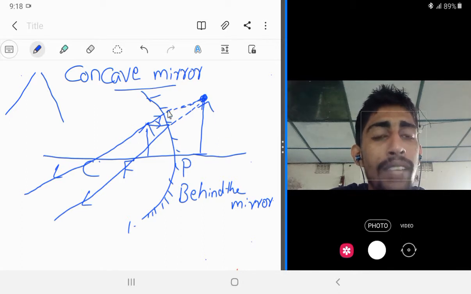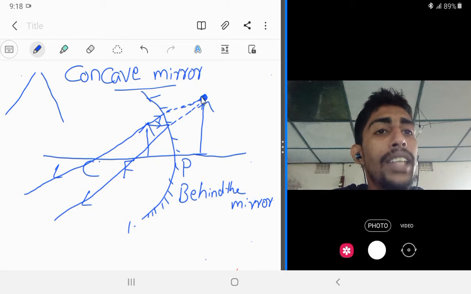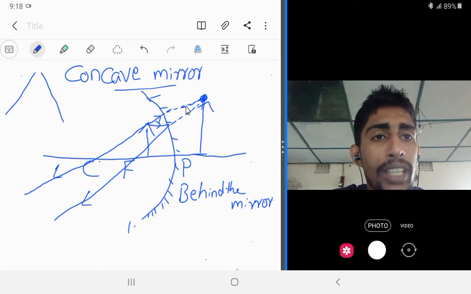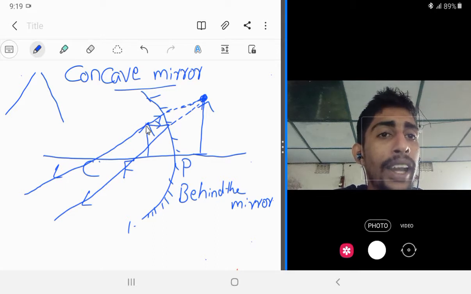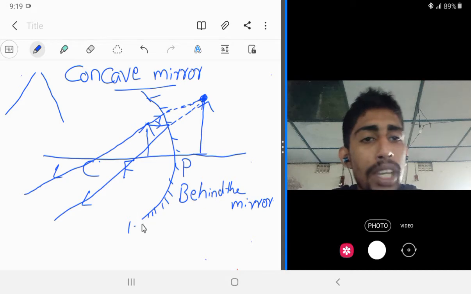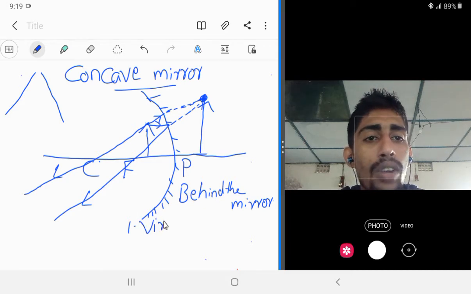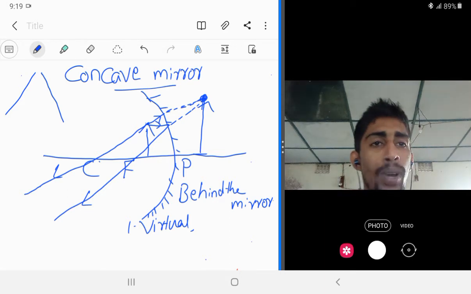When we extend the reflected light rays back, at one point both the extended light rays converge. So the real reflected light rays are not converging, and the image would be virtual. I hope you understood. Yes, the image is virtual.